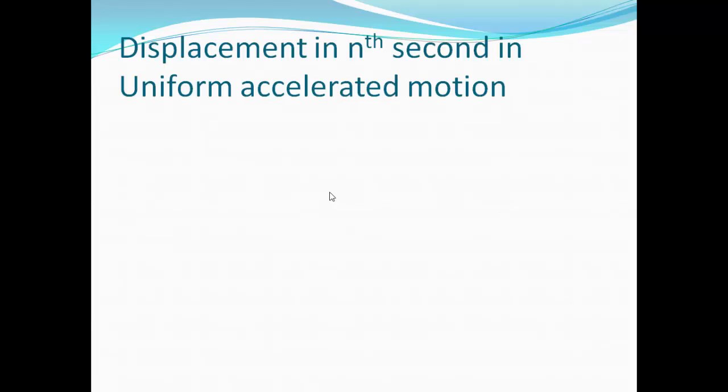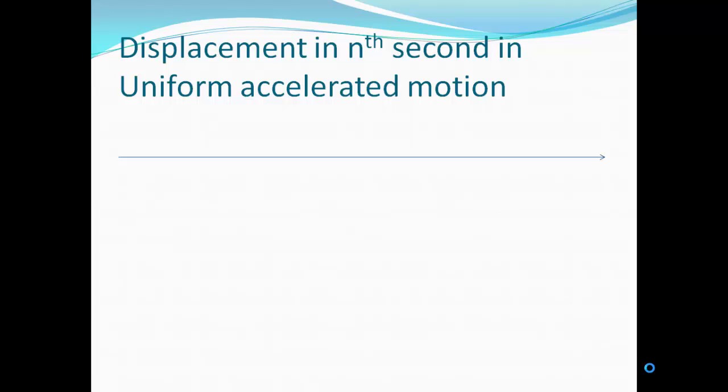Next case is for displacement in nth second in uniformly accelerated motion. To understand the concept of displacement in nth second, let us consider motion of a particle along this line from left to right.